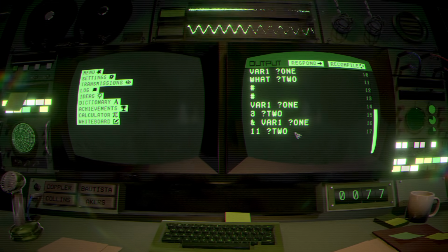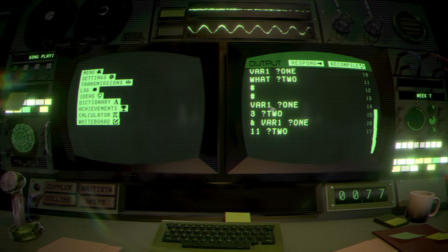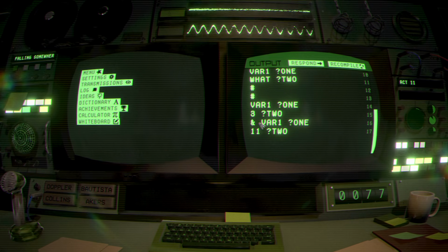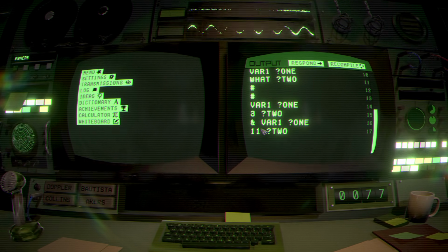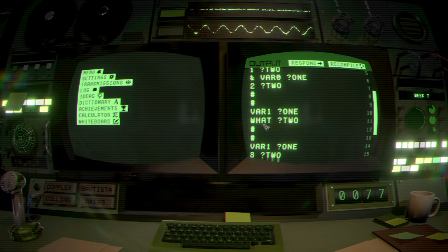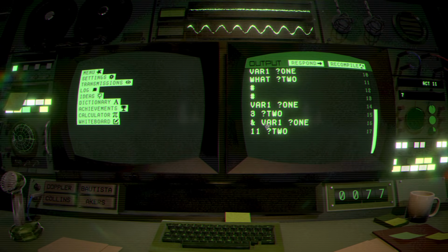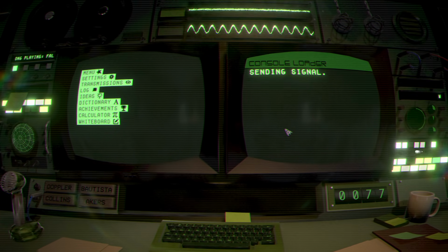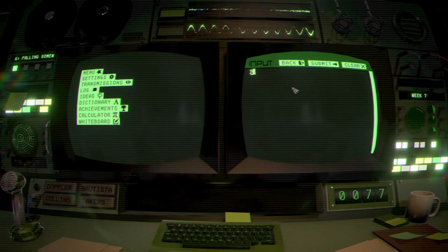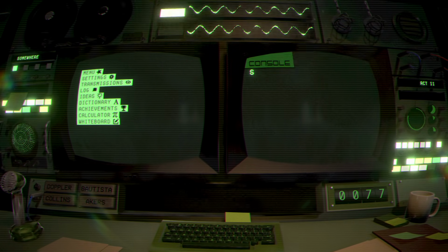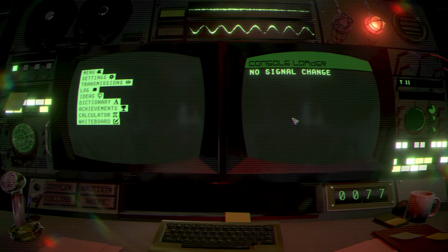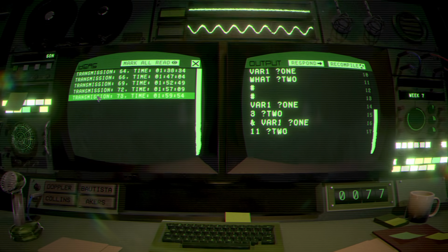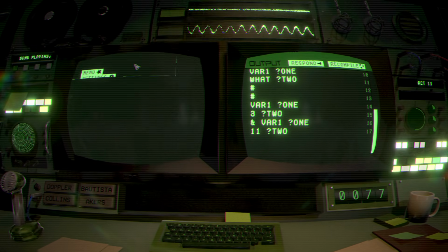Is it like true false or something? Like variable 1. I don't know. Let's just say 3 or 11. Not 3. Let's try 11. Okay, it's not that either. They're all odd.